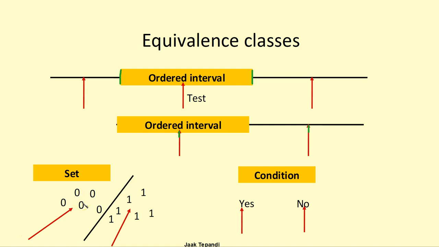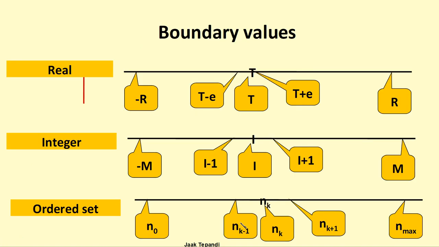If this is a set of values that are processed similarly, and another set of values which is processed similarly, then we can take one value from both sets. If it's a condition yes, no, we could take both yes and no.